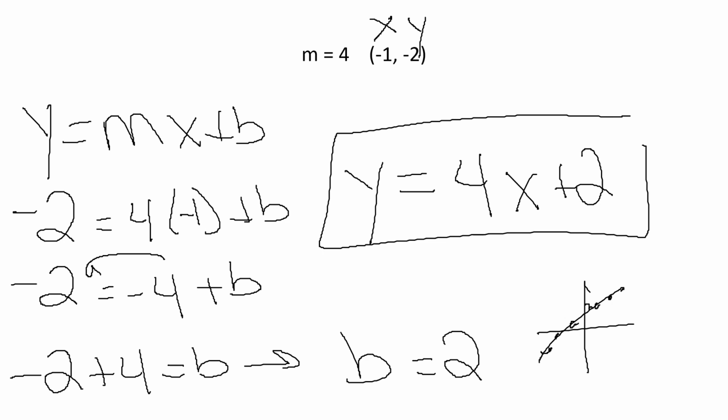Wherever those points are, my b is always going to be here, and my rise and run are always going to be the same. When you write the equation of the line, put it in y equals mx plus b form and leave x and y as x and y. This is just one point on the line. I don't know if that made any sense. Just remember, y equals mx plus b, fill in your m, fill in your b.